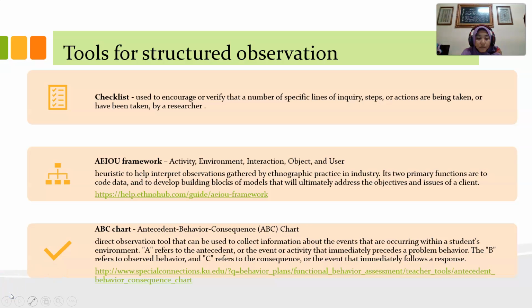A refers to the antecedent, the event or activity that immediately precedes a problem behavior. B refers to the observed behavior, and C refers to the consequence, or the event that immediately follows a response. You can go to this link and look at the details of the explanation. In our syllabus, we will look only at these two, the checklist and the AEIOU framework.